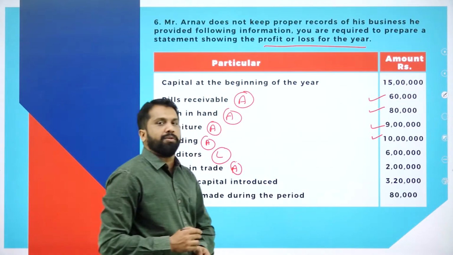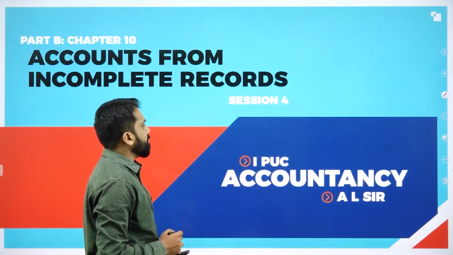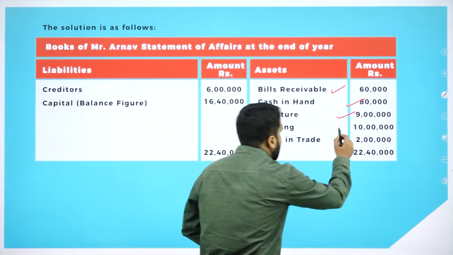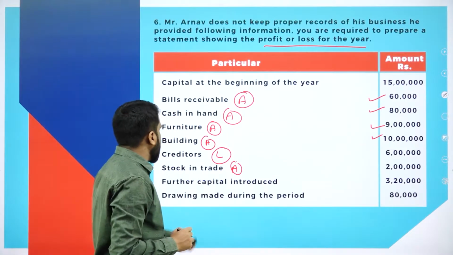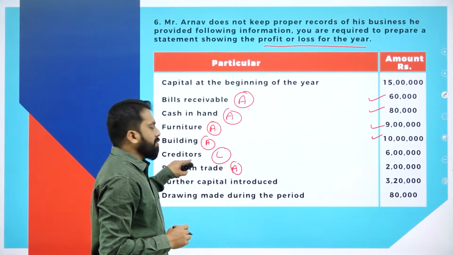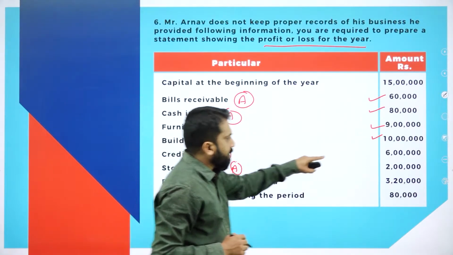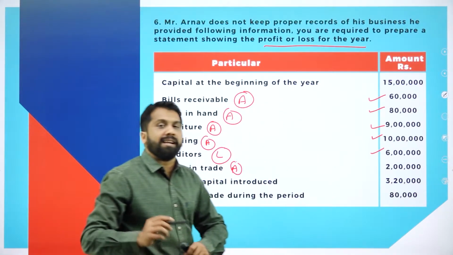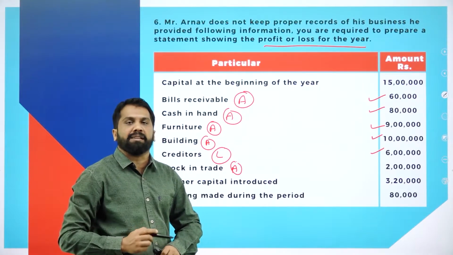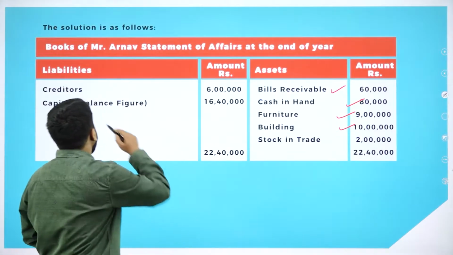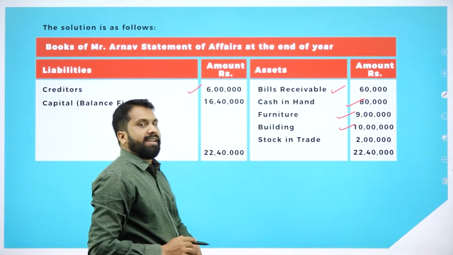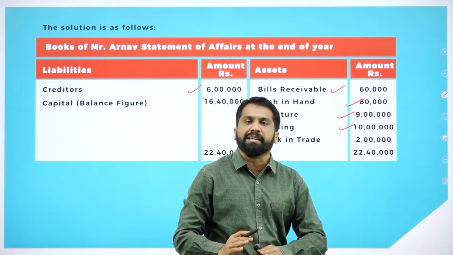So building value, we take it as 10 lakh. Next. After building, we have creditors. How much do we have in creditors? 6 lakh. Will creditors come under assets or liability? Liability. Creditors will come under liability. It is 6 lakh. Up to this, any doubt?